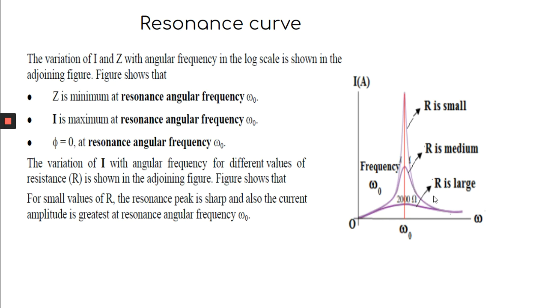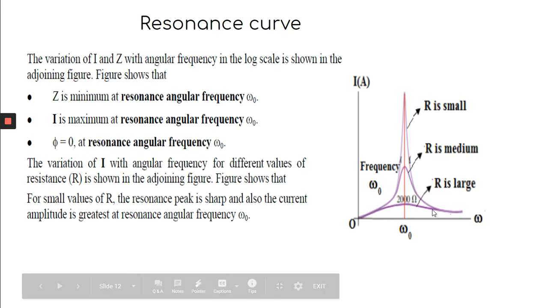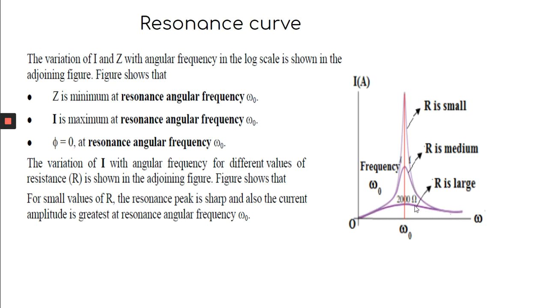And when R is very large, you get a broad peak. Because in this case, the rate of decrease in current on either side of the resonance frequency is also less. Here, when you get the resonant frequency, the current is very large, but certainly the current falls when the frequency deviates from the resonant angular frequency.